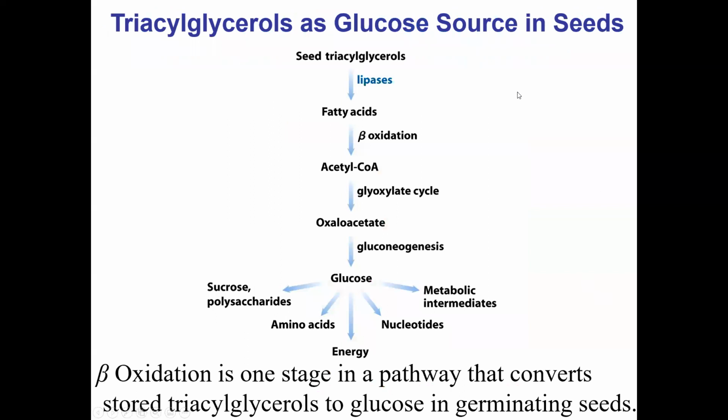You also recall that triacylglycerols can be the source of glucose, right? In seeds, remember, plants, when they don't see sunlight, like when they are in the form of a seed, they are buried deep under the ground. The fats that are packed into the seeds are the source for the production of sugar molecules to promote the growth of those plants.